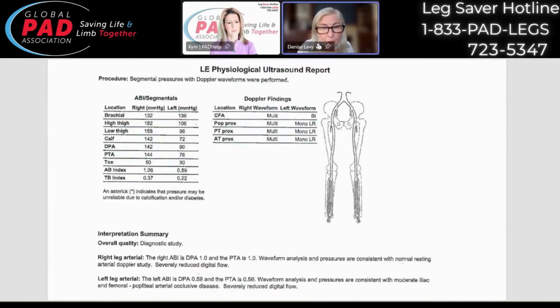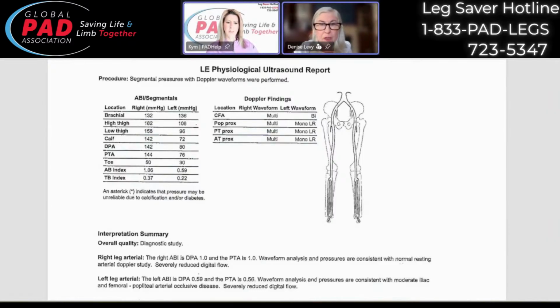So what we can gather from this is that the disease, as it goes down, becomes worse. The vessels become smaller, particularly in your foot. So another scan would be helpful.